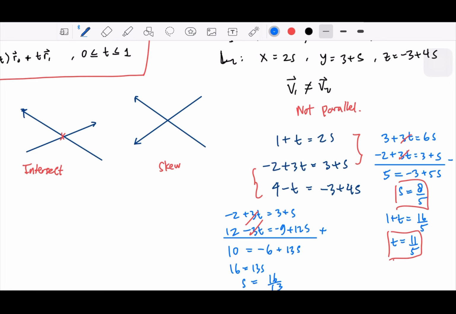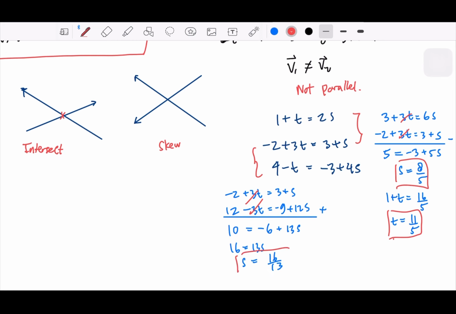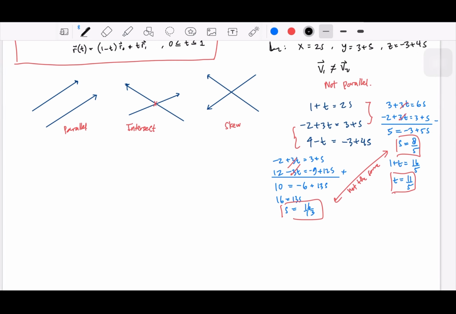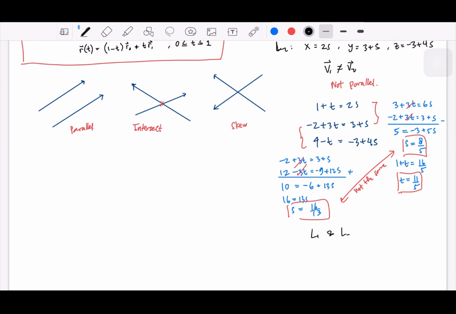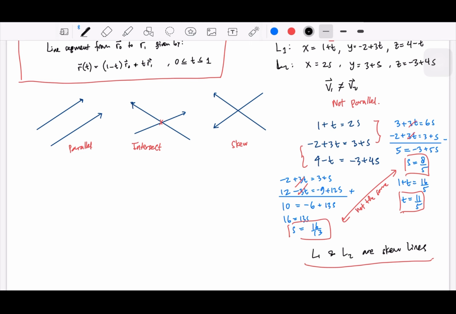And the s is already different, not the same. This suggests that L1 and L2 are skew lines. So to check whether lines are skew, first check whether they are parallel. Second, check the point of intersection, whether they have the same point of intersection.